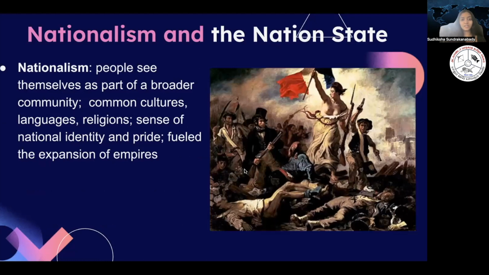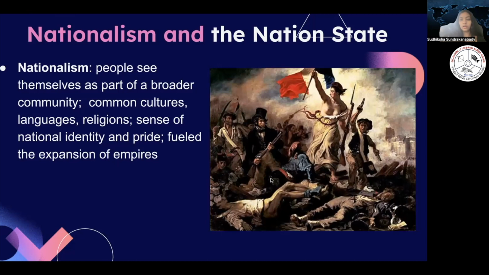Next up, we have nationalism. The reason we keep coming back to nationalism every time period is that it's a way everyone unites and fights for one goal. This is one of the biggest reasons that revolutions successfully happen. Nationalism is basically where people see themselves as part of a broader community, with common cultures, ideas, languages, and religion, and a sense of national identity and pride for your own country.